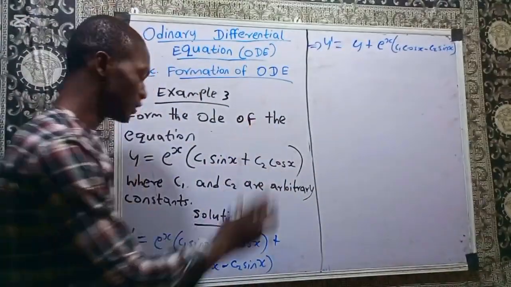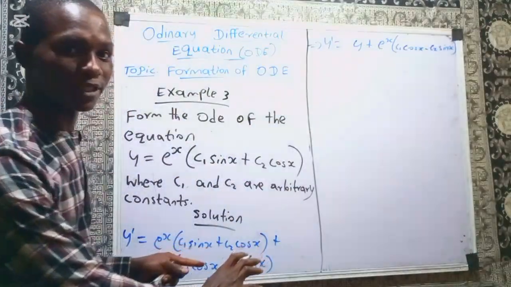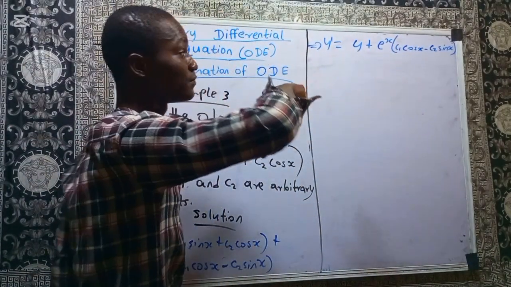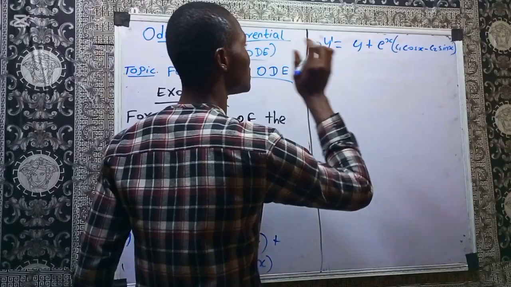Now we have reduced the bulkiness of the expression. We are going to differentiate this thing again.